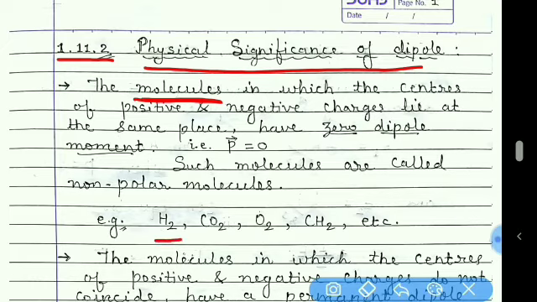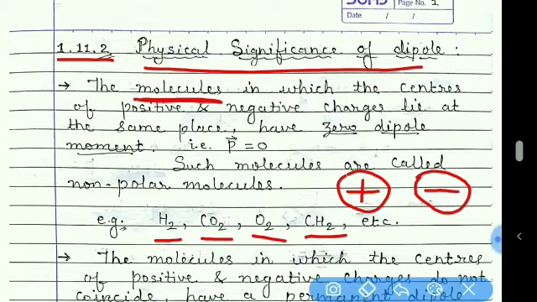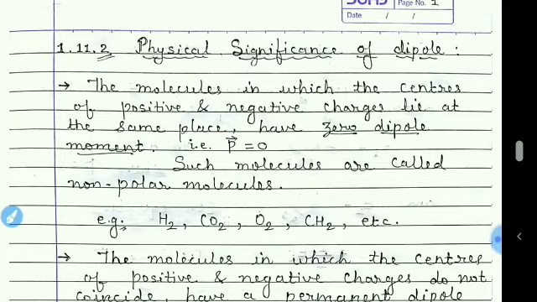like H2, CO2, O2, CH2, the centers of positive and negative charge are not separated, they are at the same place, and hence the distance between these two positive and negative charges will be nearly zero, and hence for such type of molecules the dipole moment P will be zero.